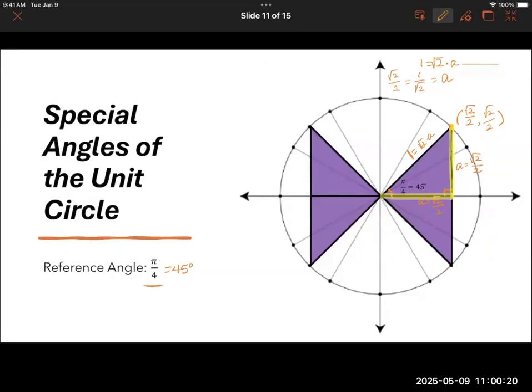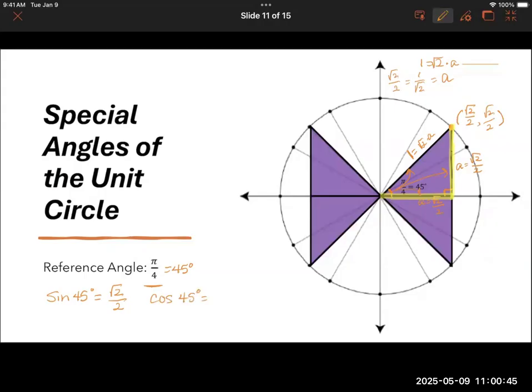You can also see from that, if I was looking for the sine of 45 degrees, I would be taking the opposite side over 1. And so I would get root 2 over 2 as my answer. Same with the cosine of 45 degrees.